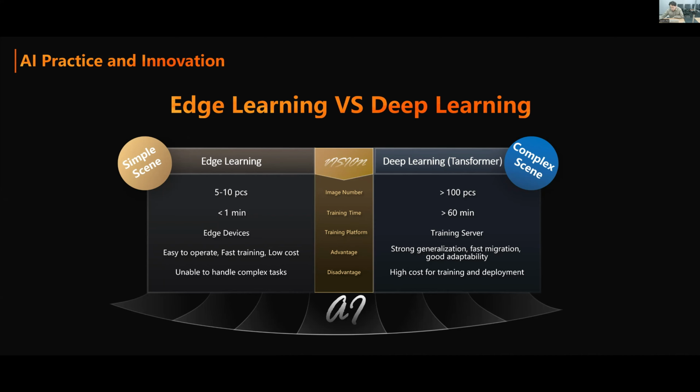The large model algorithm can adapt to more complex industrial vision tasks with its large parameter scale and powerful representation capabilities. It has good receptiveness and generalization capabilities, and can be quickly migrated to different scenarios and tasks. As for disadvantages, it has a high cost of training and deployment.